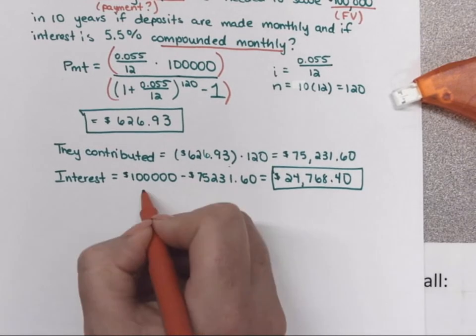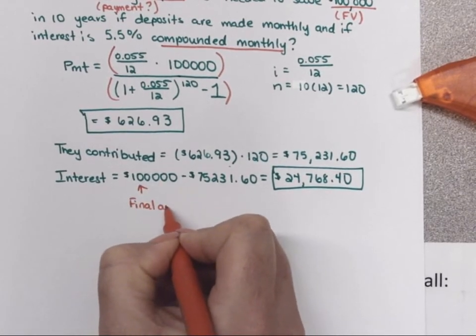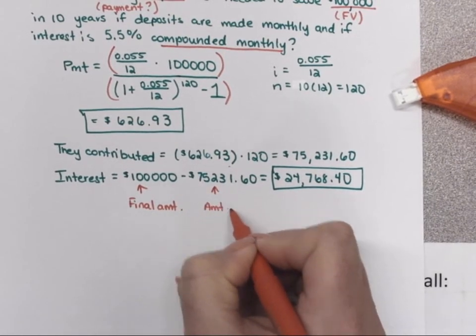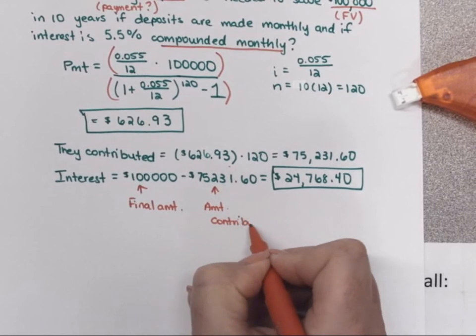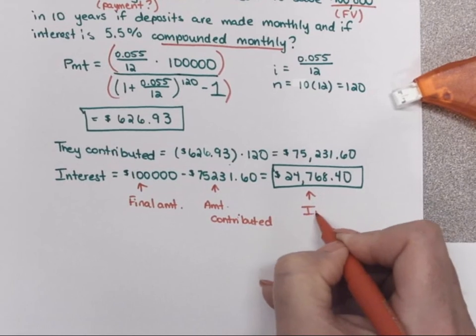Okay, so this is their final amount or their future amount. This is the amount contributed. And the difference is the interest.